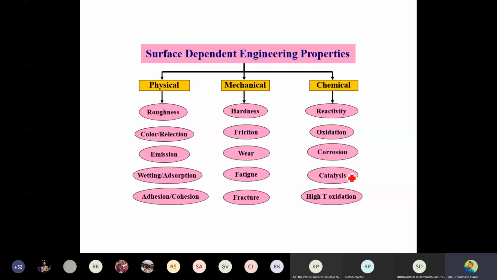Even friction and wear, each and every property depends upon the surface. If you modify only the surface, it will reflect on the entire performance of the entire solid body or bulk material. That is the reason why we do not modify the entire bulk material. We are trying to identify which properties are affecting the surface, and we try to modify those properties.